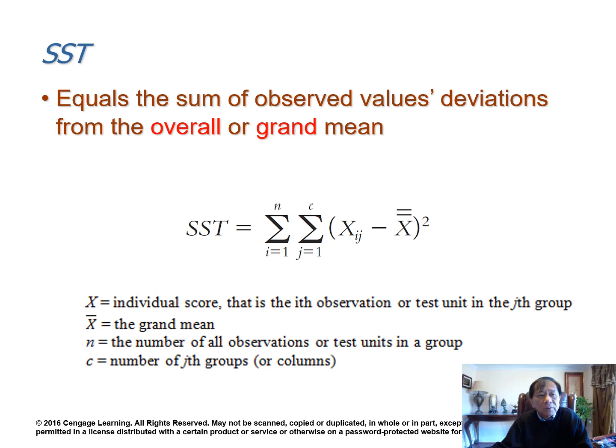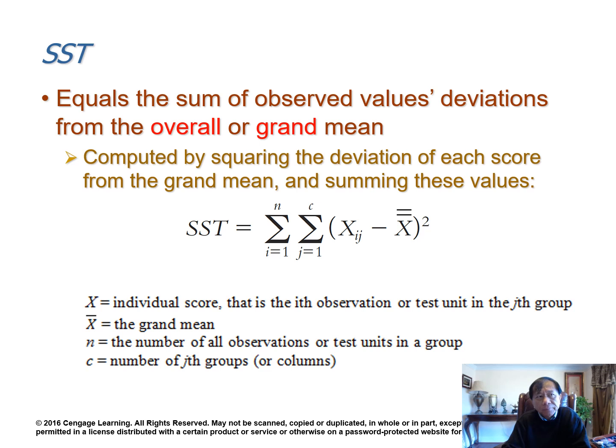C is the number of j groups or columns. We add up the squared differences across all the columns and then across all observations within each column. So SST is computed by squaring the deviation of each score from the grand mean and summing these values together.